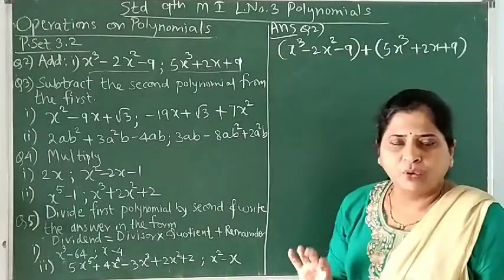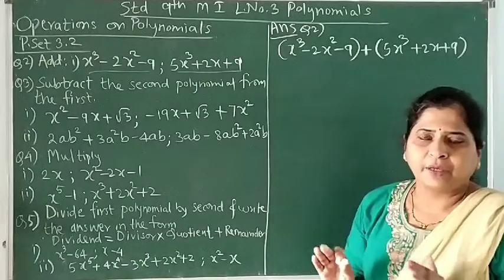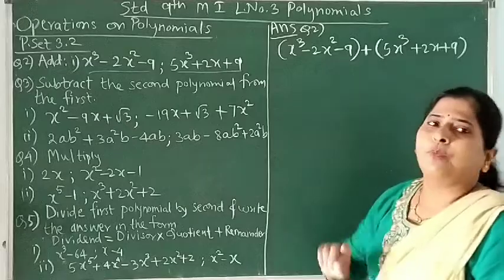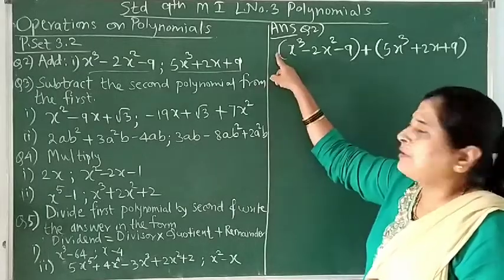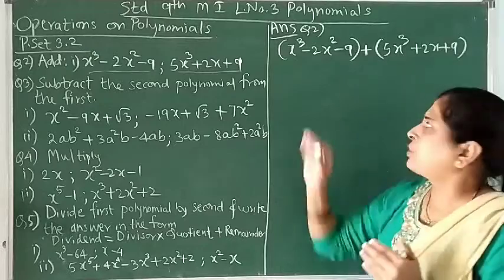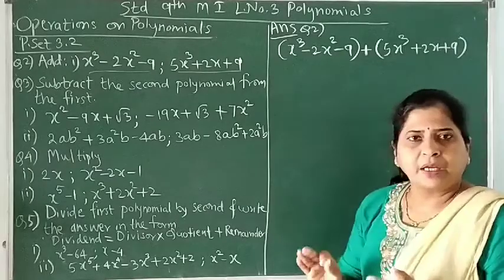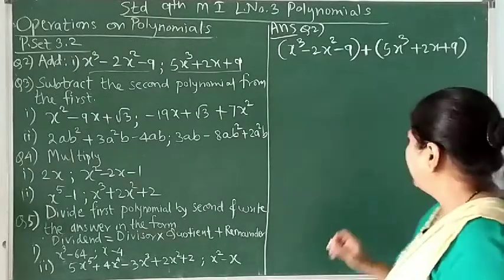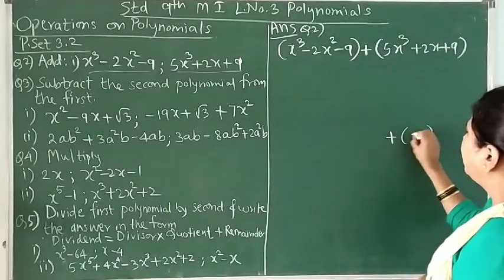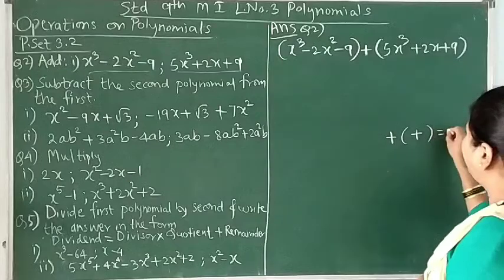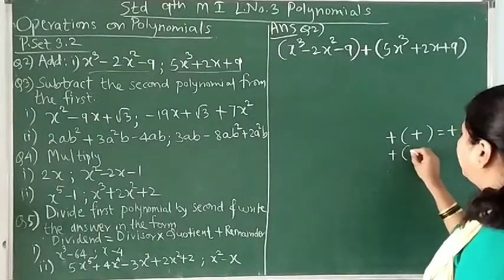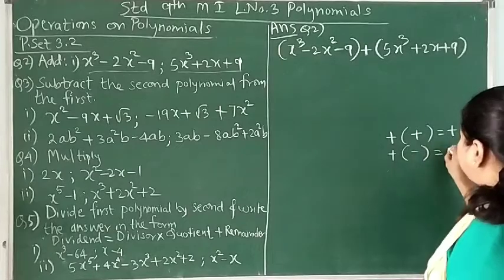Now a very simple rule to solve the bracket. First you have to solve the bracket. If before the bracket you have a plus sign, or no sign, which means it is plus, then you copy the signs in the bracket as they are. When you multiply a term by positive, plus into plus gives plus, and plus into minus gives minus.